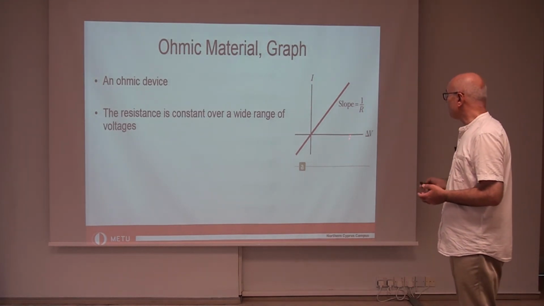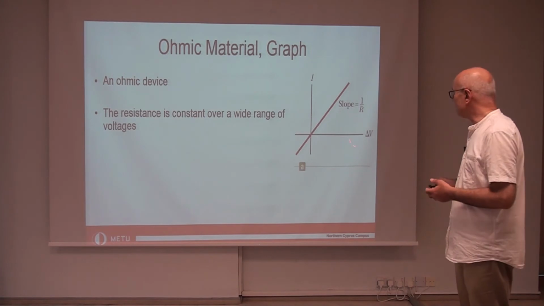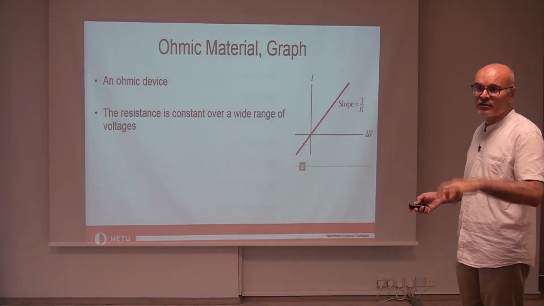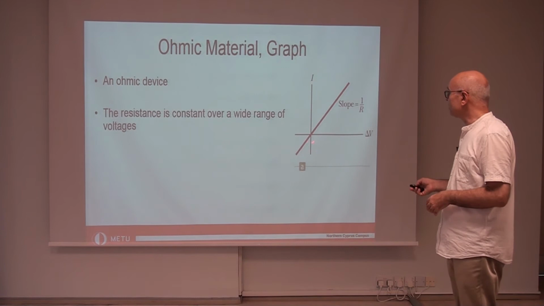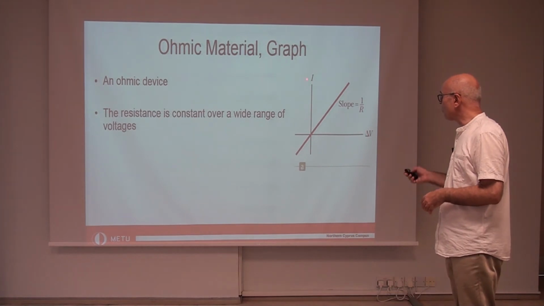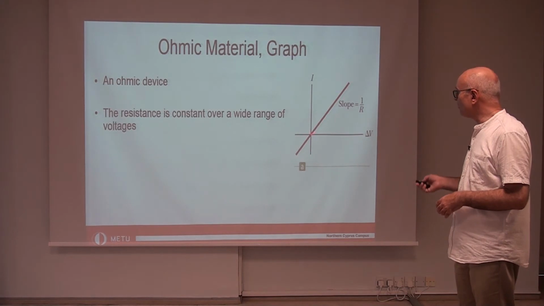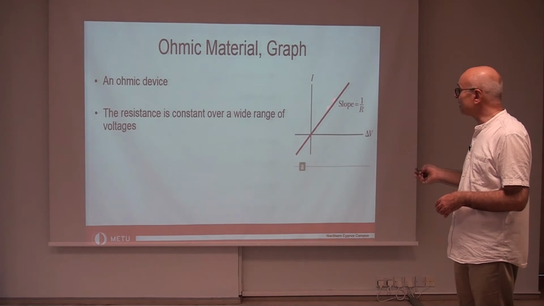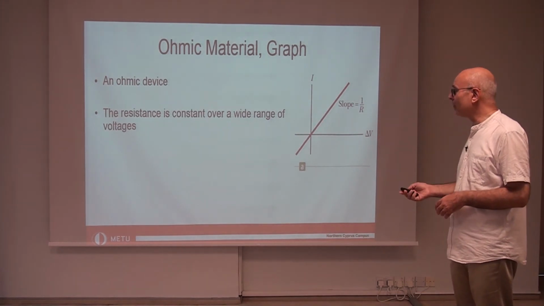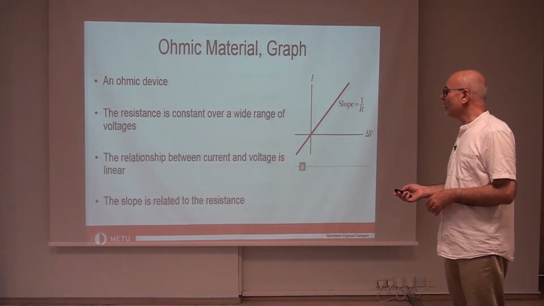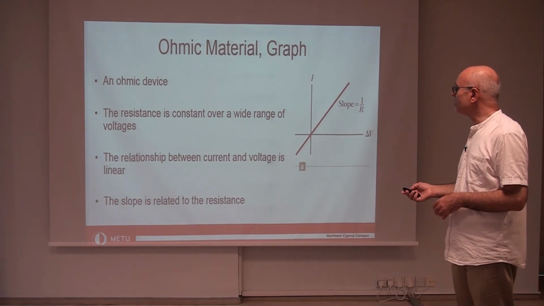Actually, I is the independent variable and delta V is the dependent variable, because you change the voltage and the I is the response. But in engineering, it's more common to plot it this way. However you plot it, the relation is linear for ohmic materials, and the slope is 1 over R.